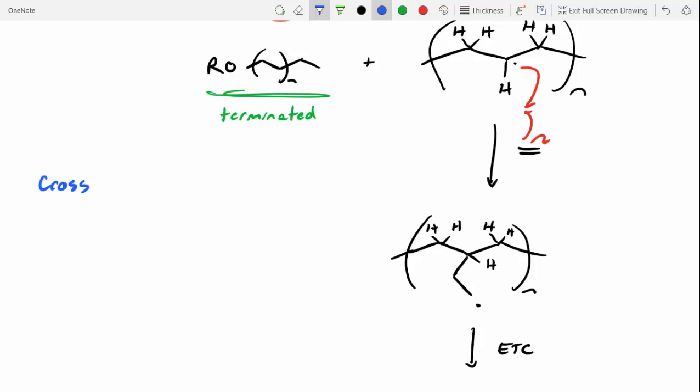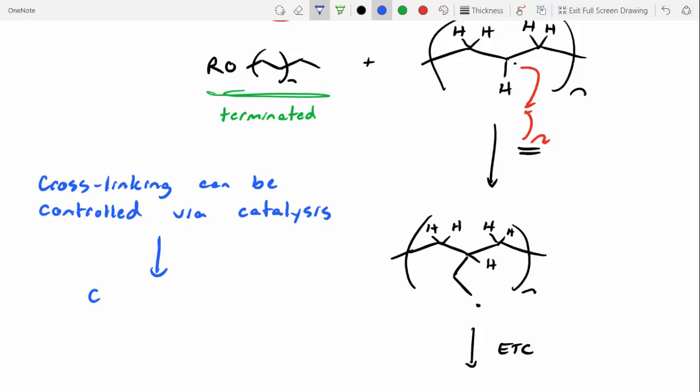So cross-linking can be controlled via catalysis. And it can change the physical properties of the plastic.